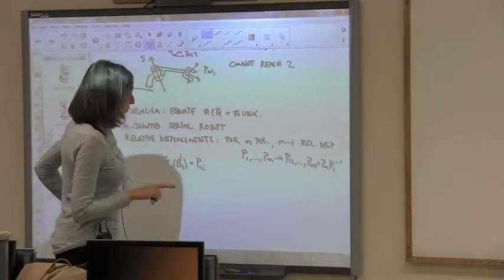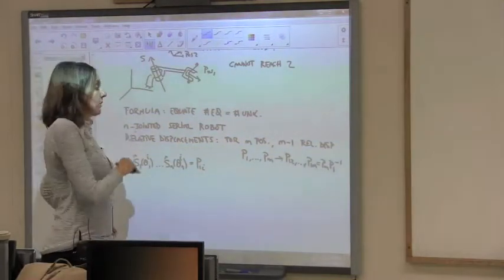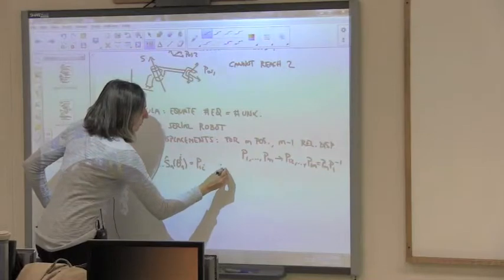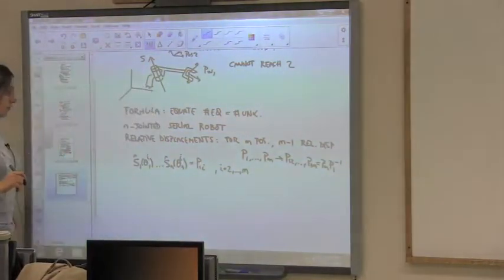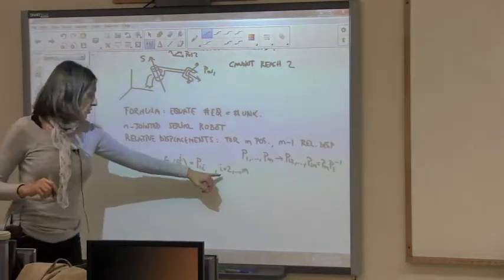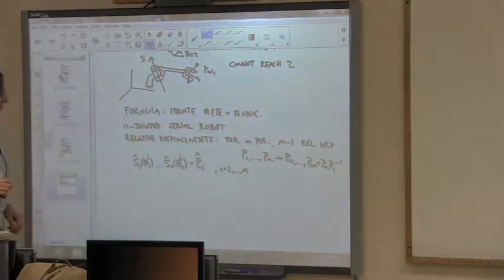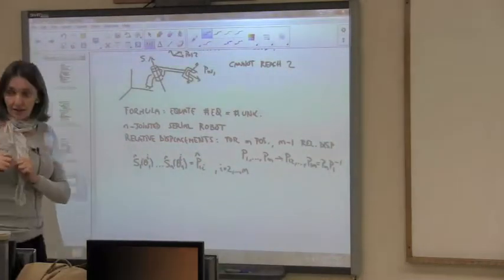So from the first position, for instance, to any other, i equal to 2 to m, right? So these are the design equations we can create, m minus 1 sets, right?